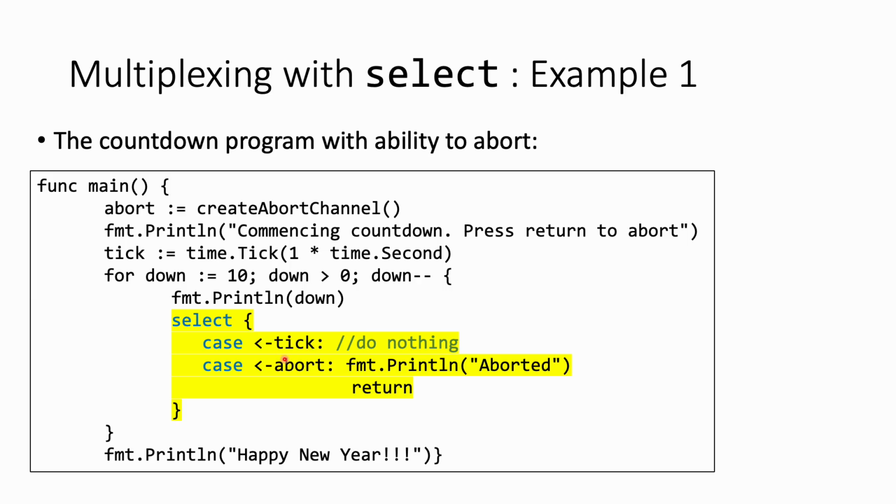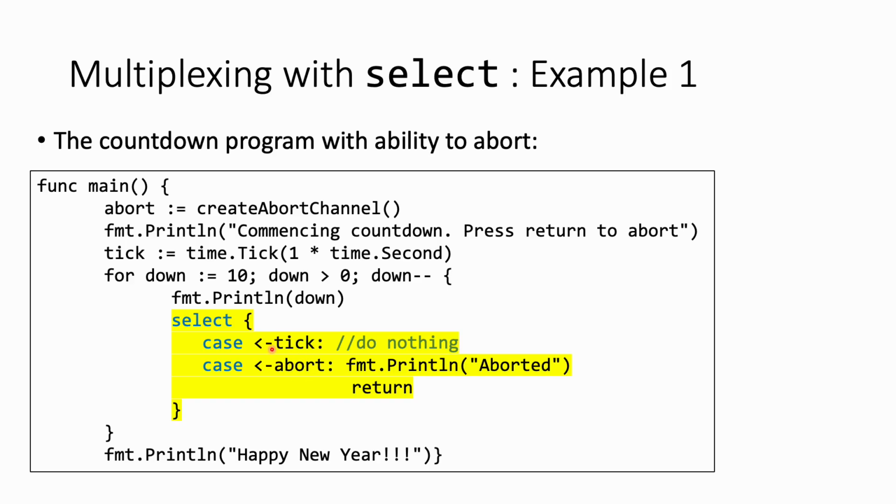This select statement in the for loop causes its iteration of the loop to wait up to 1 second for an abort because it waits for receiving from tick and receiving from abort simultaneously.